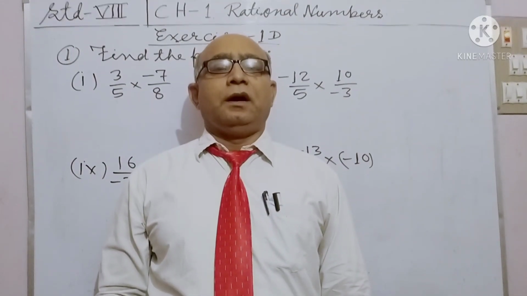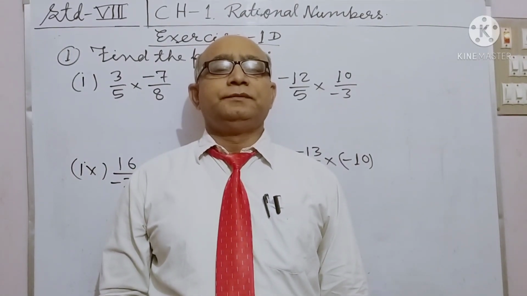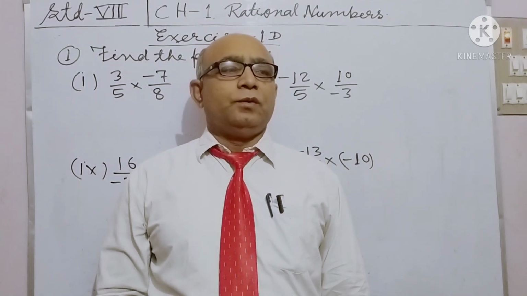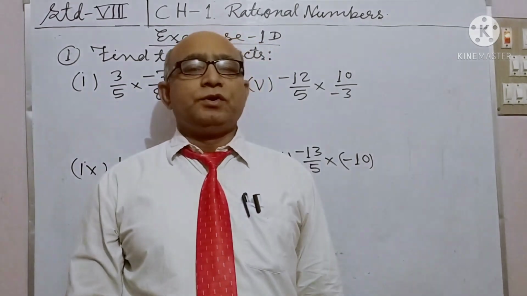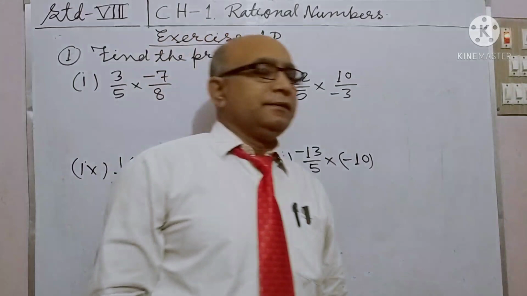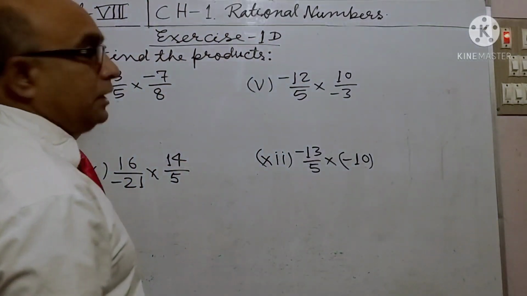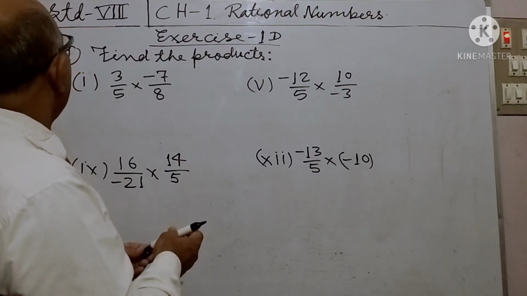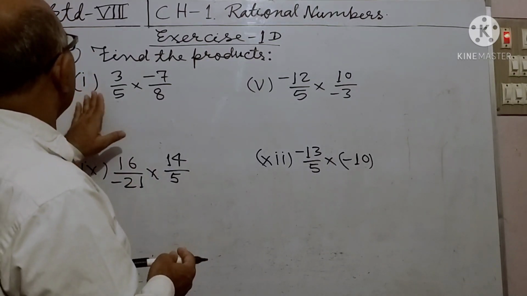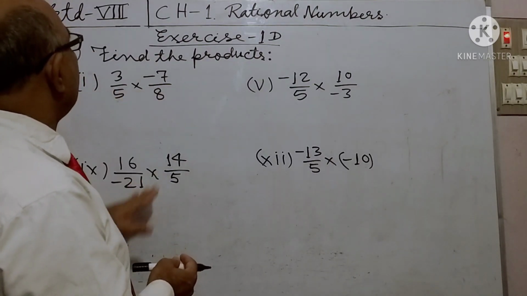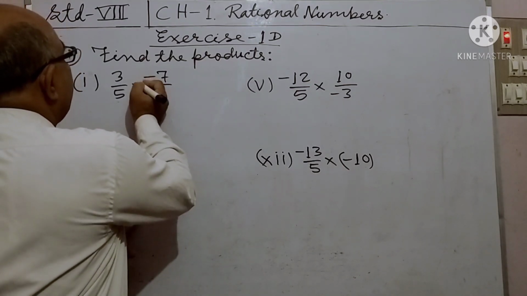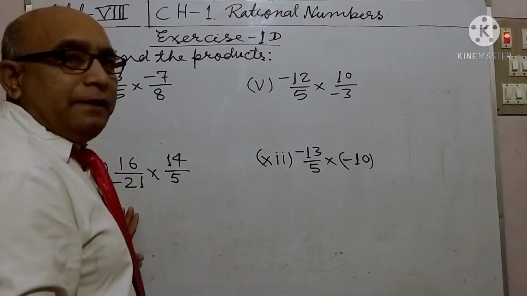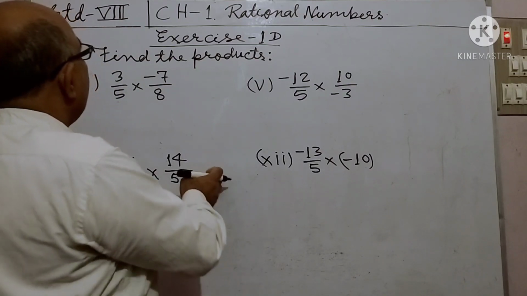Students, now I shall solve exercise 1D. Some questions are written here. Question number 1, find the products. 3 by 5 into minus 7 by 8.